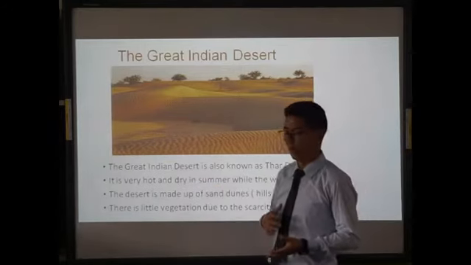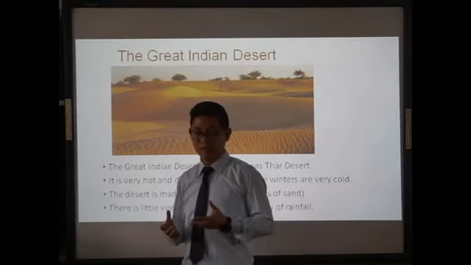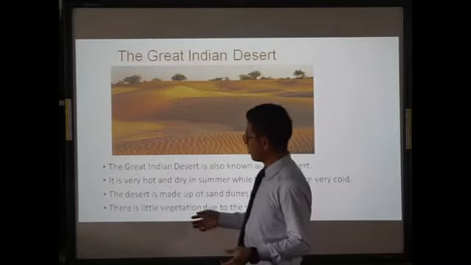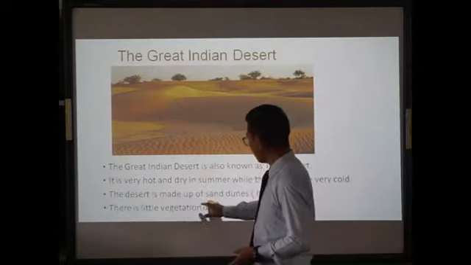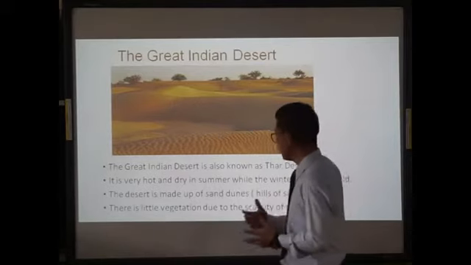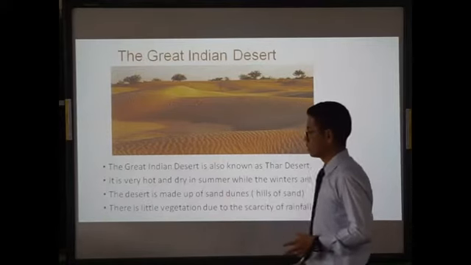The desert is made up of sand dunes. Sand dunes means small hills of sand, which continuously change because of the winds.